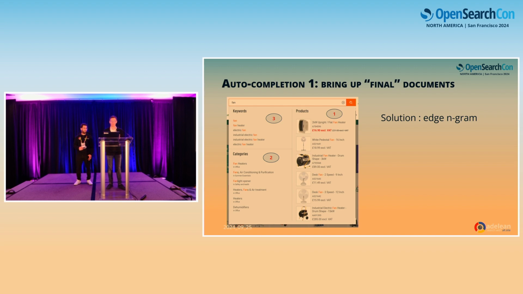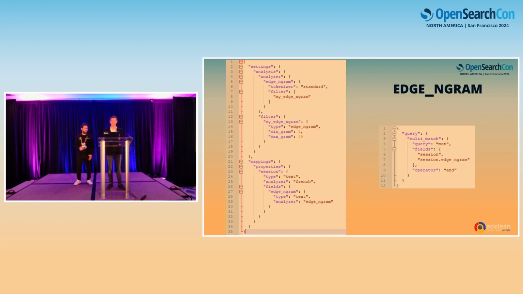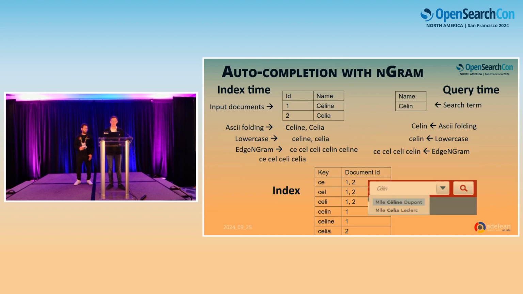You just have to use Edge Ngram for that, which is a feature that Apache Lucene provides, and you have it available in OpenSearch. So the idea is, you just use settings in your index, and you define the Edge Ngram analyzer, and it works like this.